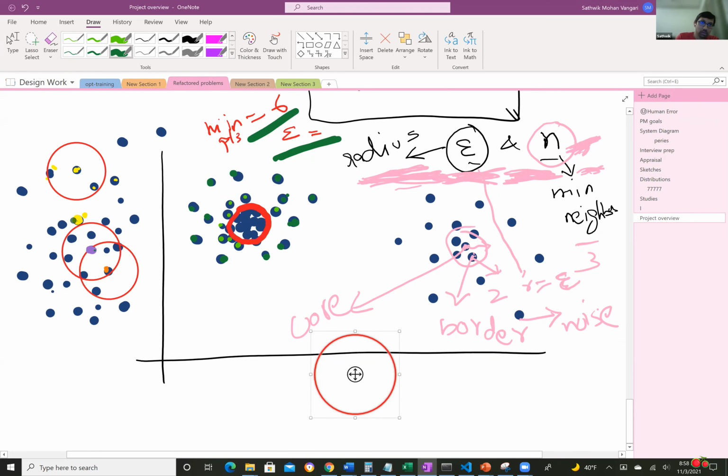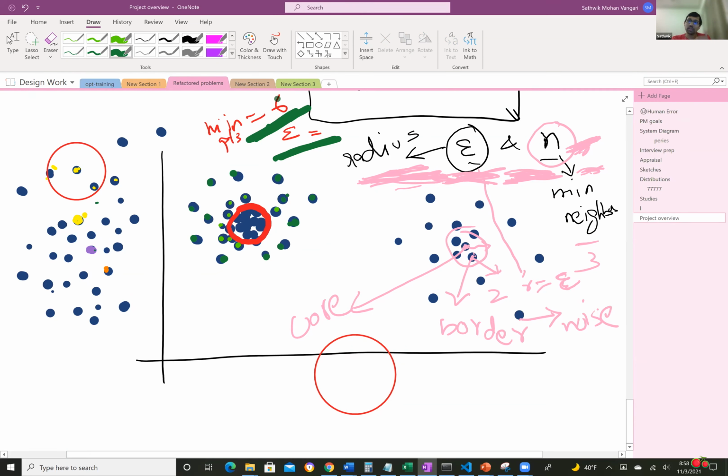Such a distribution can also have, let's say, a big circle, and you will probably add a lot more points. If it's a tiny circle, then a lot of points will not meet your criteria. You can vary this as well. You can say 2 points or 3 points or whatever.